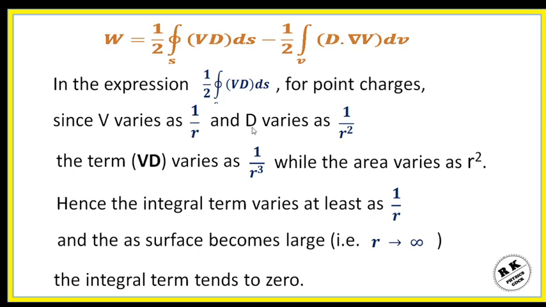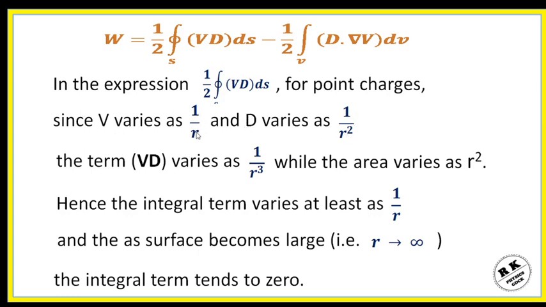Similarly, the electric field intensity E is equal to 1 by 4 pi epsilon naught times q by r square. If we write for D, epsilon naught will be missing, that is 1 by 4 pi times q by r square. What we require here is that D varies as 1 by r square.